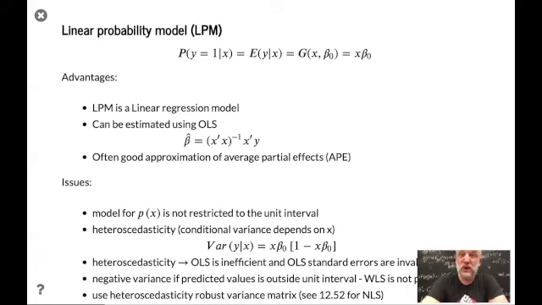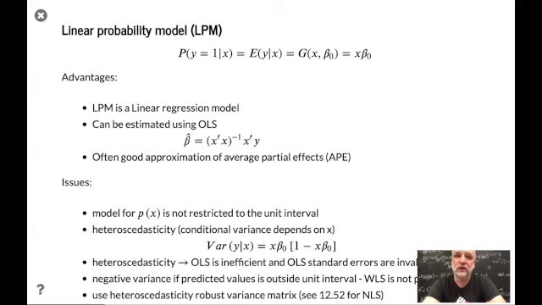So that's one of the main advantages. Another advantage is that it's actually a pretty good approximation of the average partial effects. If you estimate the partial effects for all the different individuals in the sample, and then average over all the observations, you get the average partial effect.